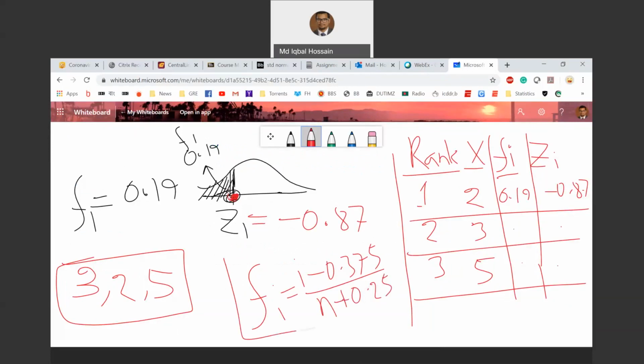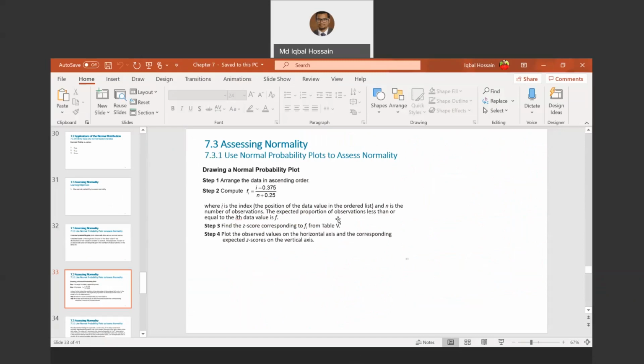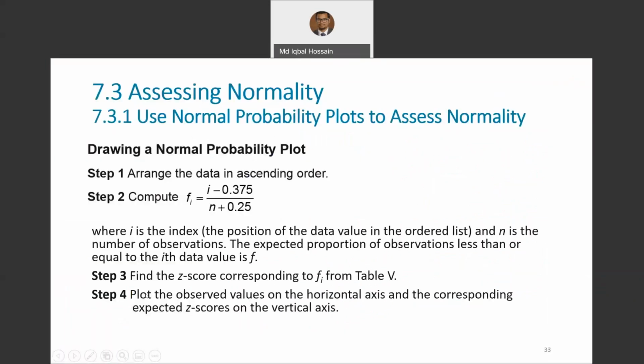So we are using that formula to find F. After finding F, we use our normal table to get the z value. You know how we find this value from our normal table. If you're not sure, you can always go back and look at what we did already. Okay, so now come back here.